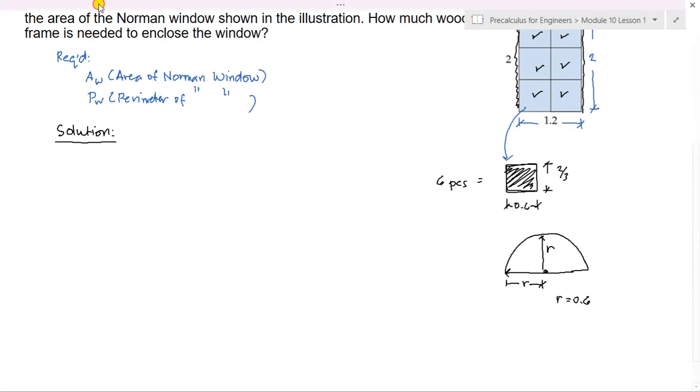So therefore, the total area of the window, that is AW, is equals to 6 pieces of this rectangle. So that is 6 times 2/3 times 0.6 plus the area of this semicircle. So ang area of semicircle is 1/2 of the area of the circle. So the area of the circle in terms of radius is pi r squared.